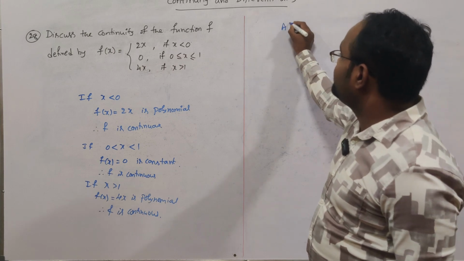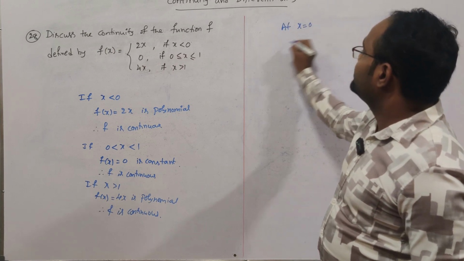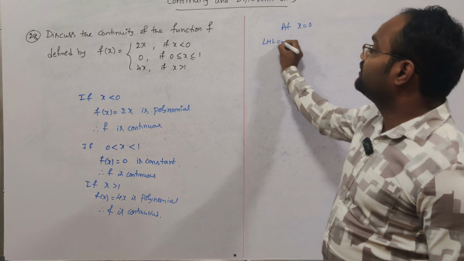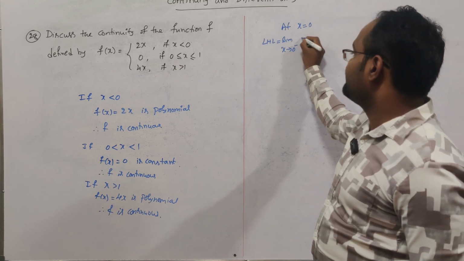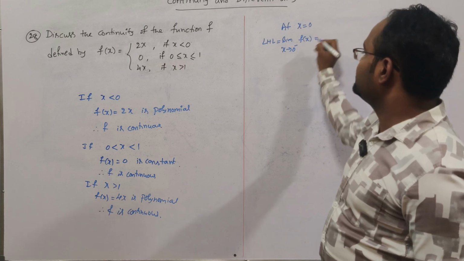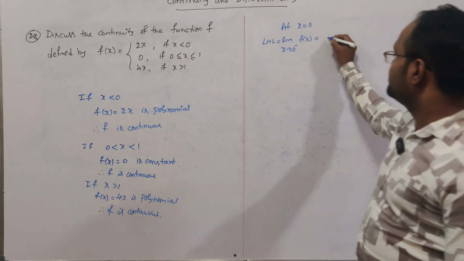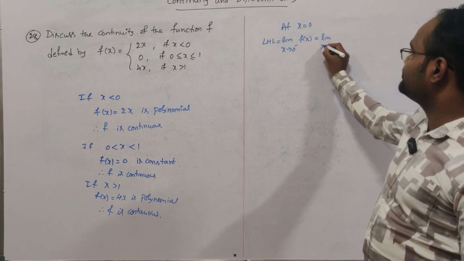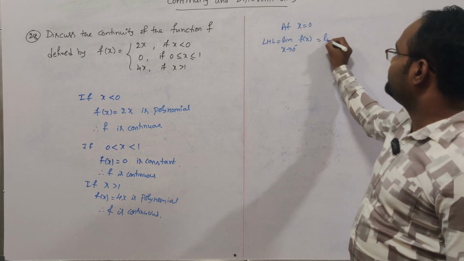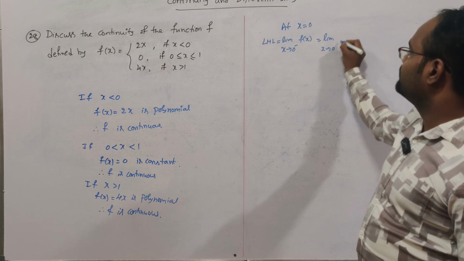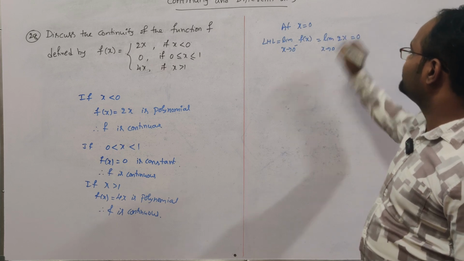At x is equal to 0, what is the LHL? The limit as x tends to 0 minus of f of x. Slightly less than 0 the function is 2x, so that is the limit as x tends to 0 of 2x, which is nothing but 0.